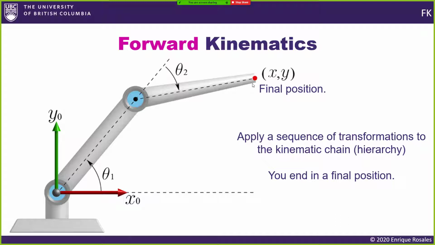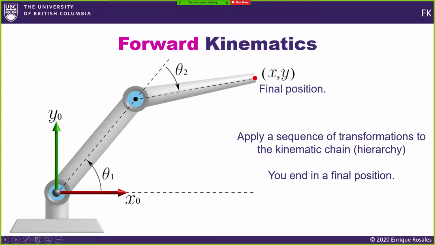maybe with the index finger of your robot ending in a specific position in 3D space. You're not controlling that final position. You're just applying rotations or transformations, and that final position is the resulting output from this sequence of transformations.